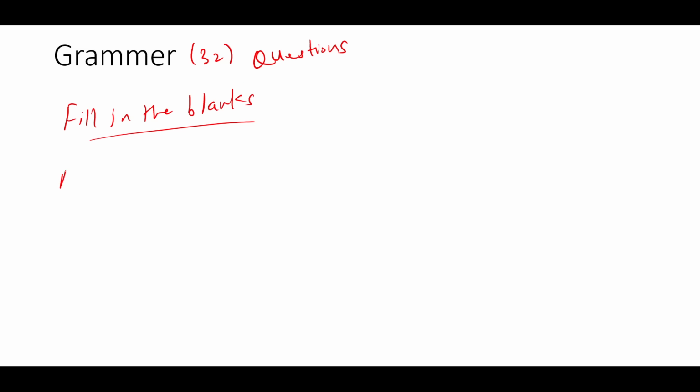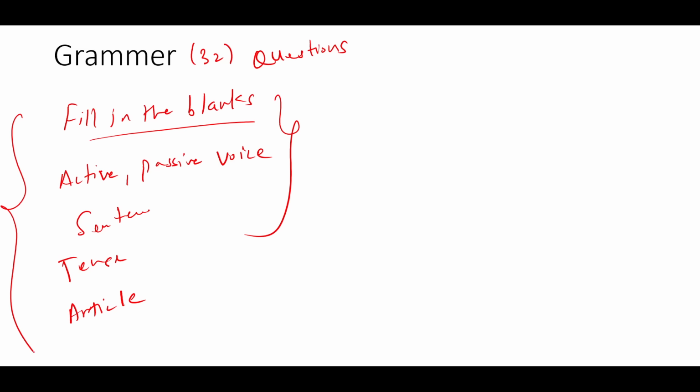Then there is grammar. There will be around 32 questions for grammar, pretty straightforward. There will be fill in the blanks, active voice and passive voice, sentence constructions, tenses, articles and prepositions. In fill in the blanks, you need to fill in the blanks.